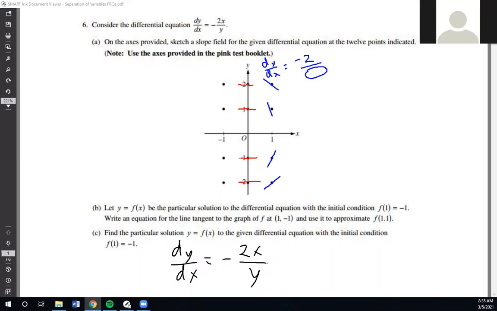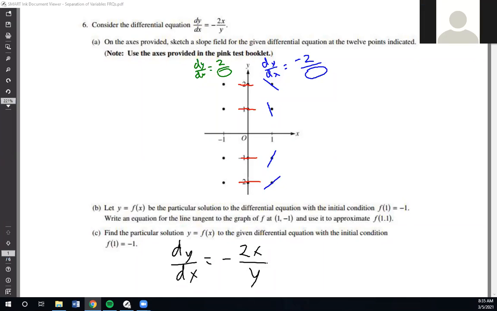When x is negative 1, then dy dx is negative 2 times negative 1, which is going to be a positive 2 over whatever the y-coordinate is.